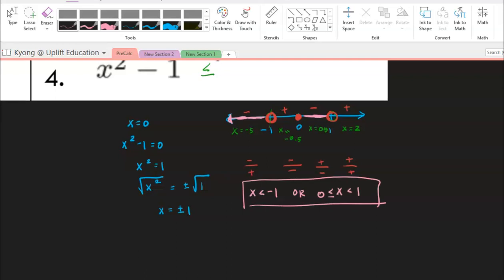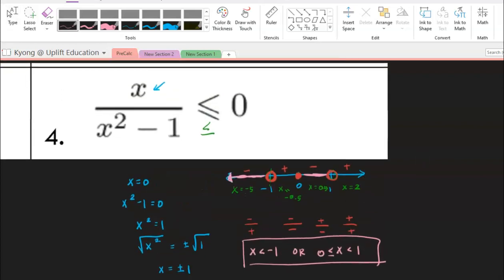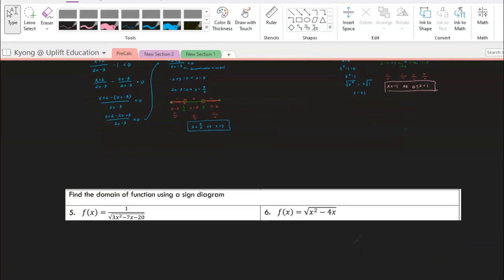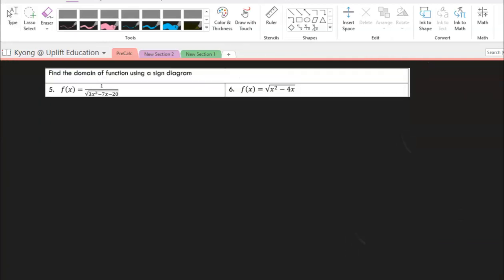Okay, that is some horrid color combinations. Remember, it equals 0 because the numerator could be a 0 right there. X could equal 0 right there. Okay, good job. Next one.